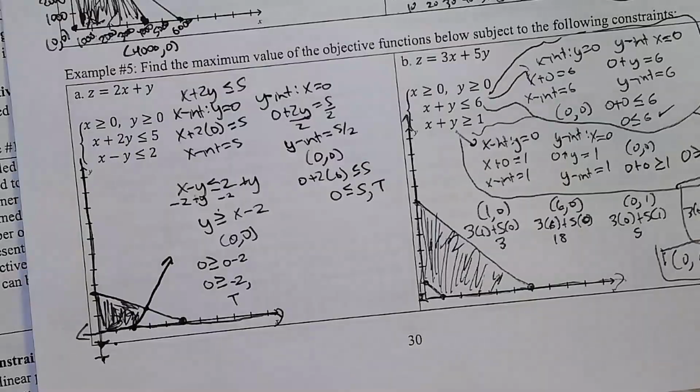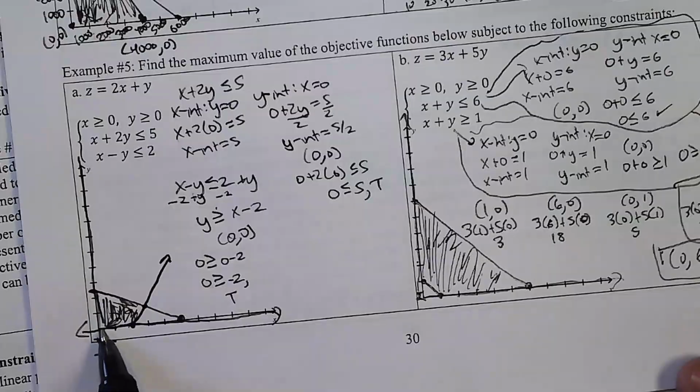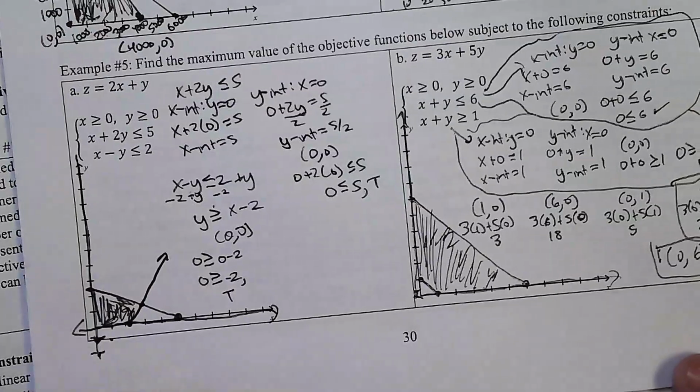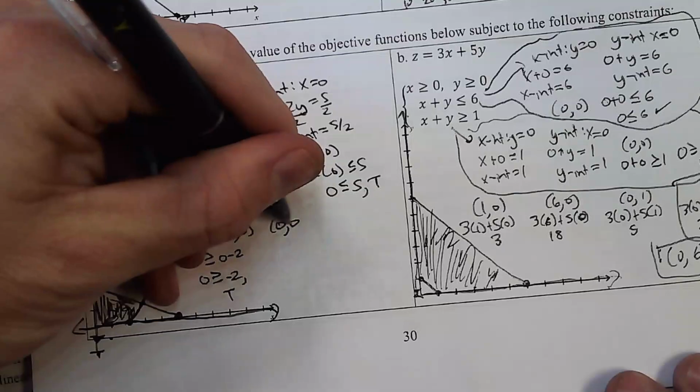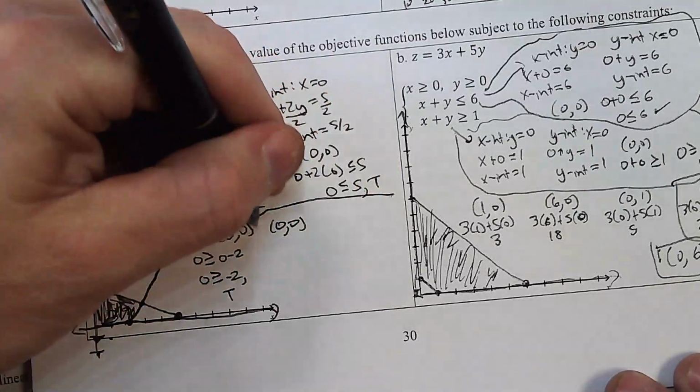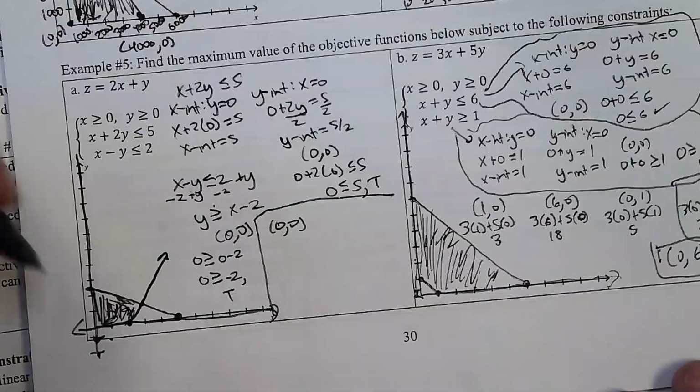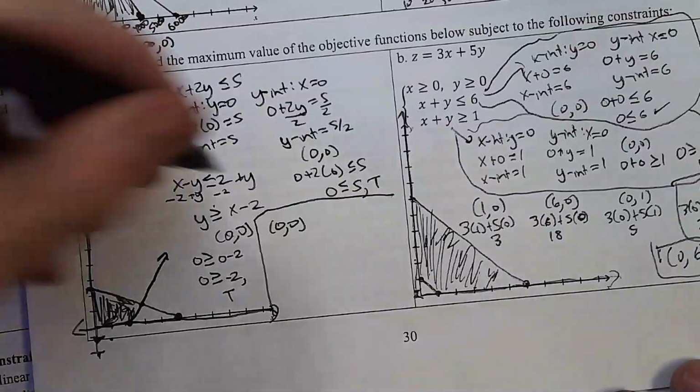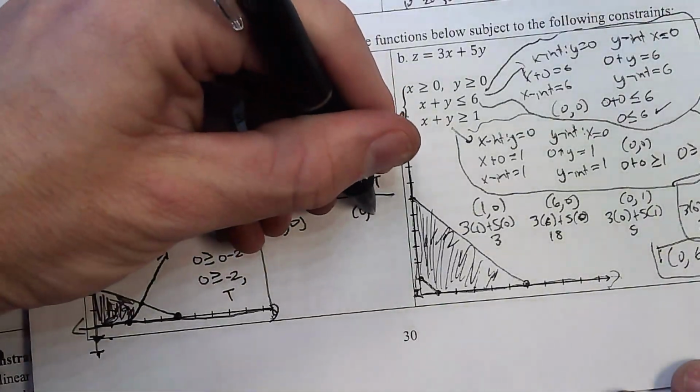So now I got to identify the vertices. What are my vertices here? I got to start with 0, 0. I'm going to have to box this out. What's another vertex I have? 0, 2.5.